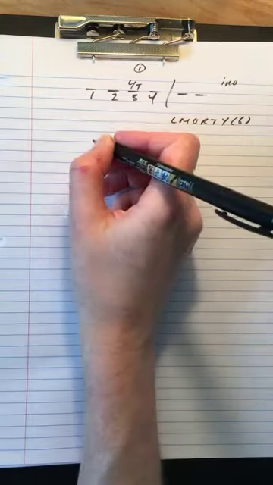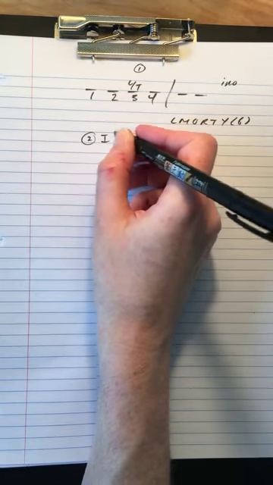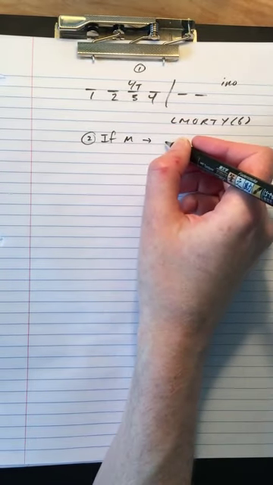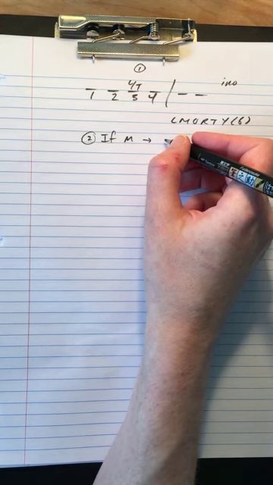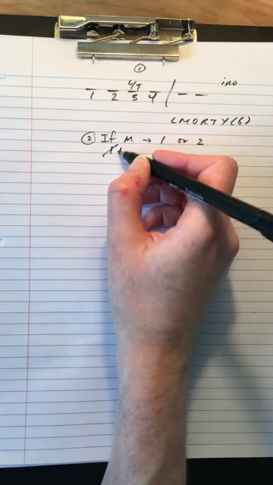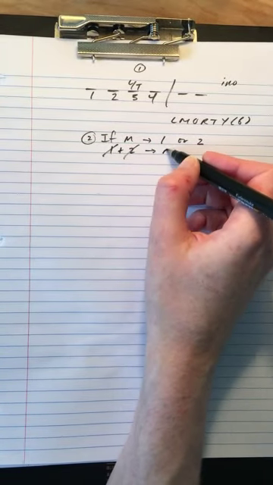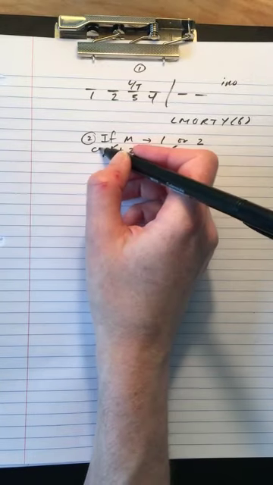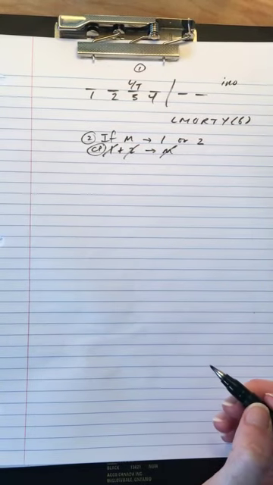So that's rule 1. Rule 2 states that if Molly is assigned, then Molly must be assigned to 21 or 22. Okay. If 1 and 2 are both taken, then Molly has to be out. That's the contrapositive.